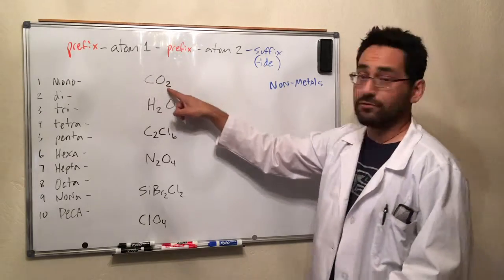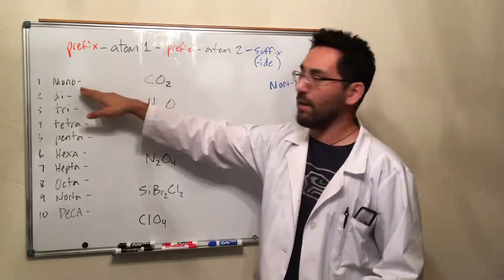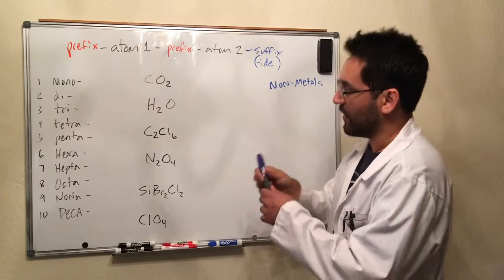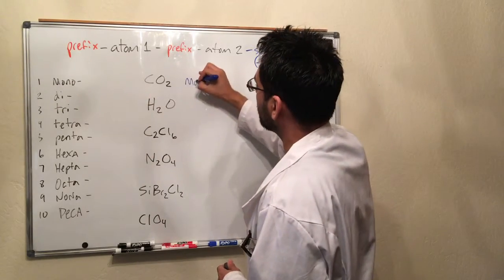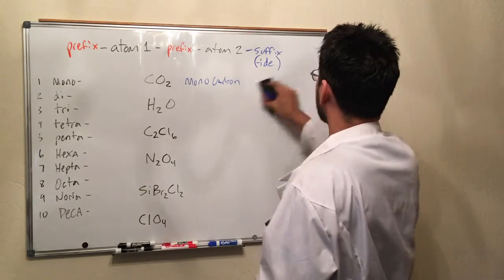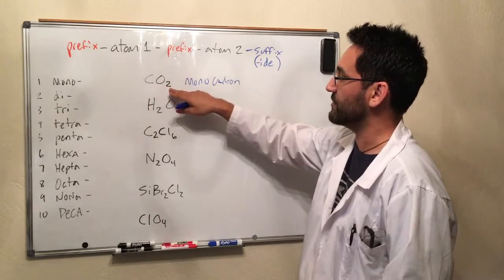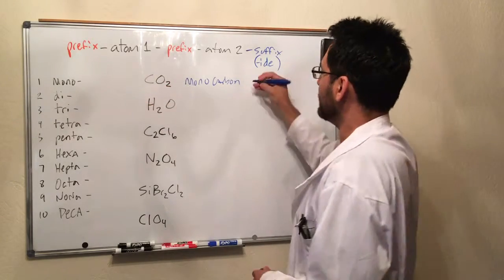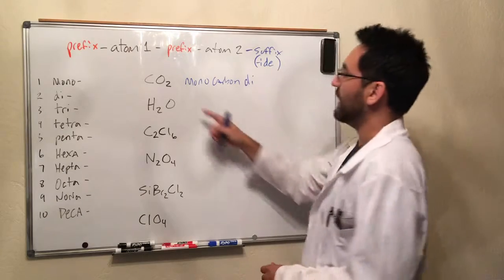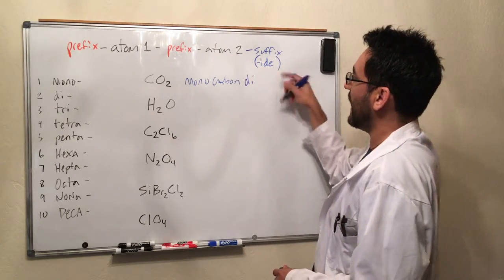So CO2. The prefix for one carbon would be mono. So we could say monocarbon. Now the prefix for the two oxygens here is di. So it'd be di, and then instead of writing oxygen, we're going to write oxide.